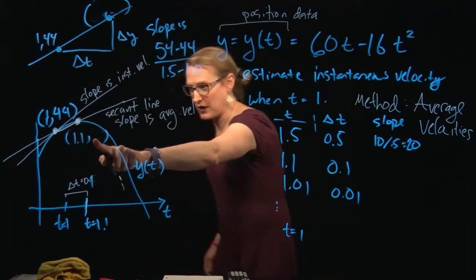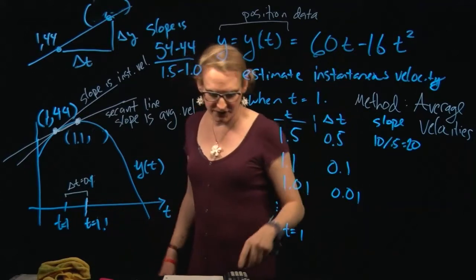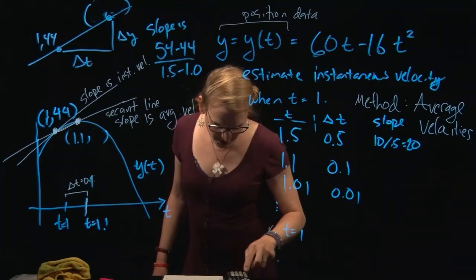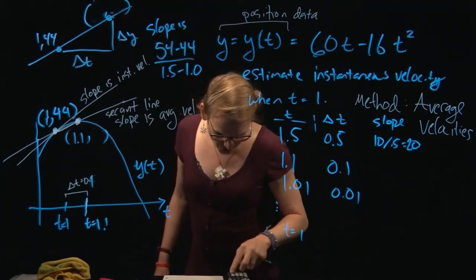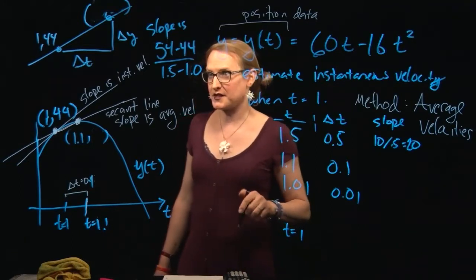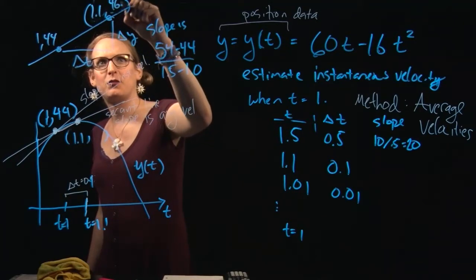We need its function value. The function value is determined by the function. So we'll go 60 times 1.1 minus 16 times 1.1 squared, 46.64. So 1.1, 46.64.